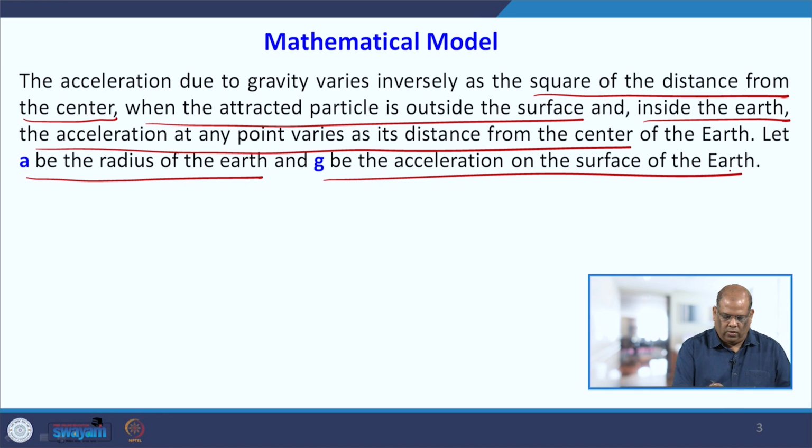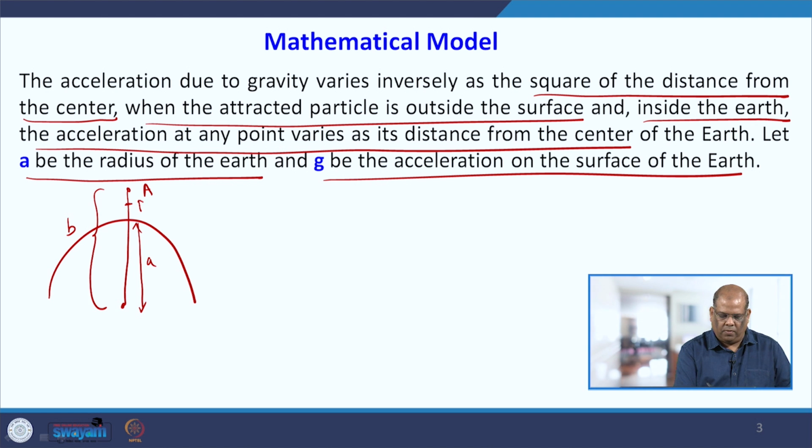If we draw a figure, let us see that this is the Earth and its surface. Suppose A is a position of the particle and it is falling. This is the center of the Earth, this distance is b and the radius of the Earth is a. Let P be the position of the particle at any time t.